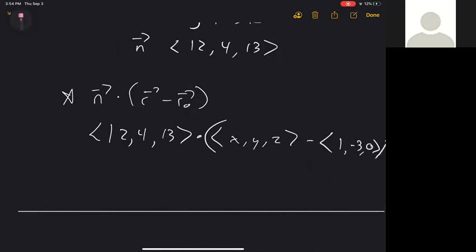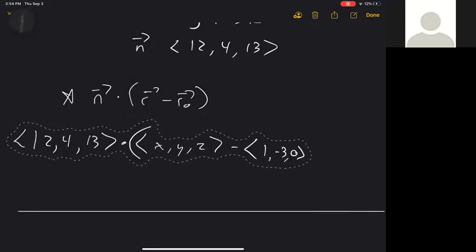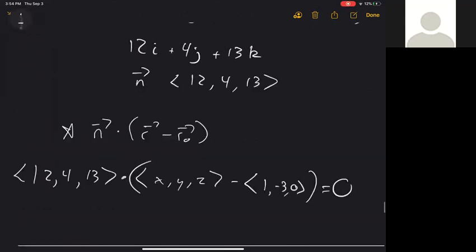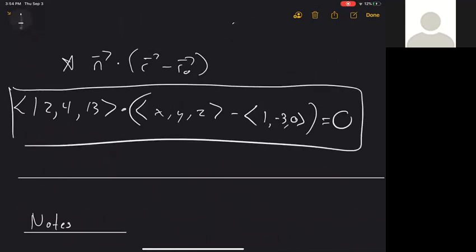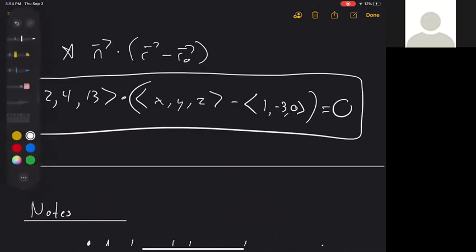And that's equal to 0. Yep. So this would be our answer here. Again, that's in vector notation, and we could split that up to write in scalar notation as well.